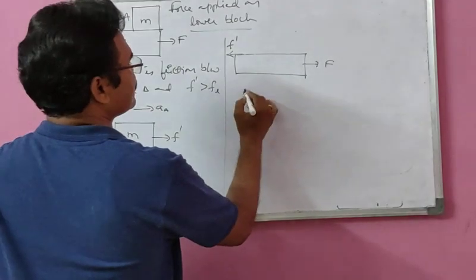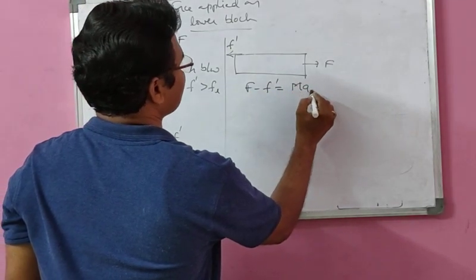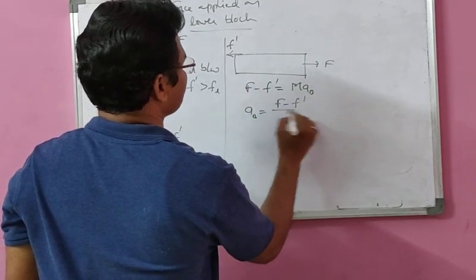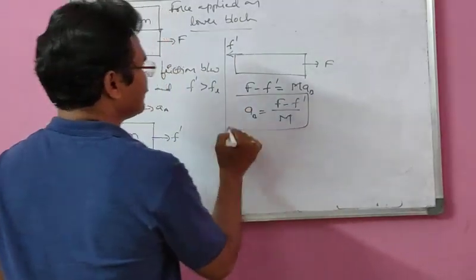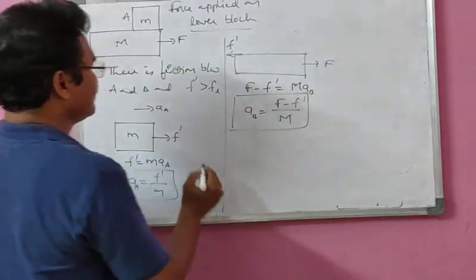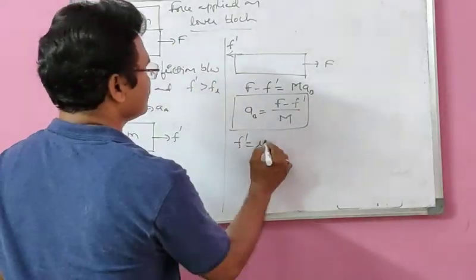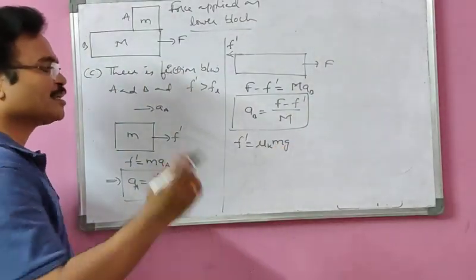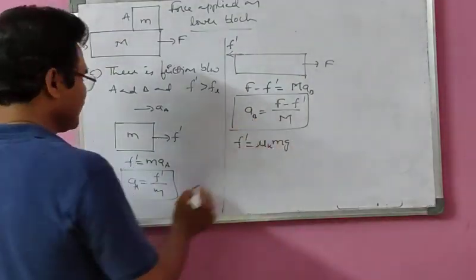So I can write F minus F dash equal to M AB, AB equal to F minus F dash by capital M. This is the expression. And F dash, greater than FL means F dash becomes mu k mg because it is the kinetic friction. Keep that in mind. This is the value of AA and AB.